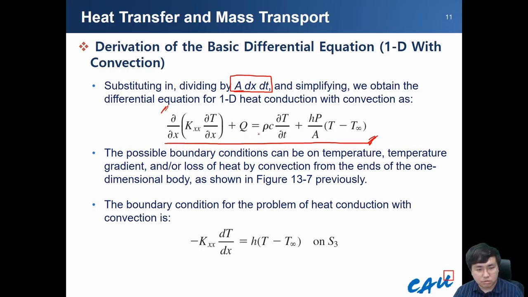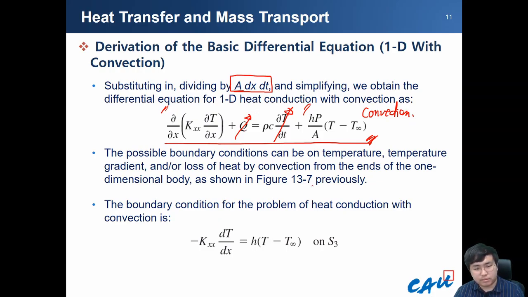This is the heat generation, the internal energy change, and this part is the convection. We are going to neglect time dependency, so we only handle the stationary, steady condition, and we also neglect heat generation inside the solid particle.